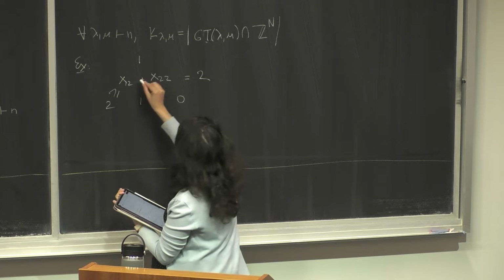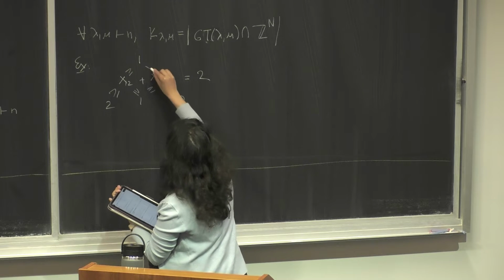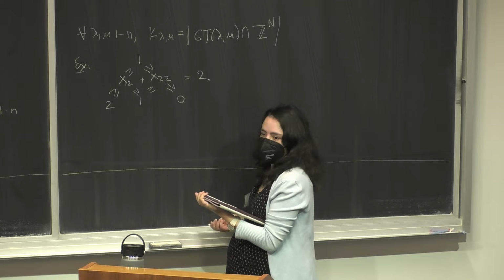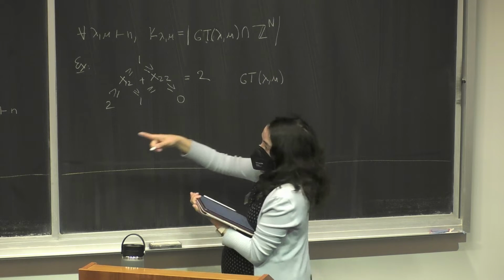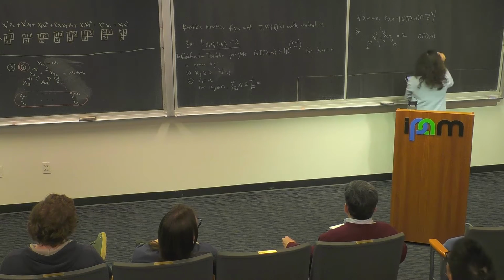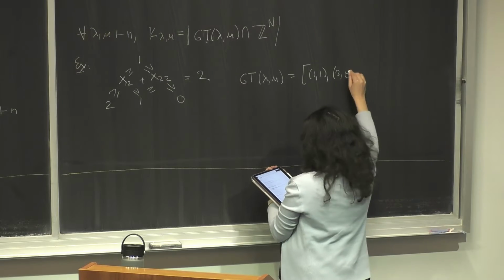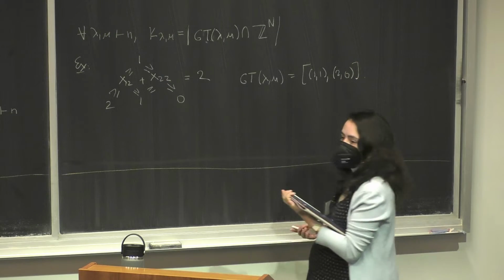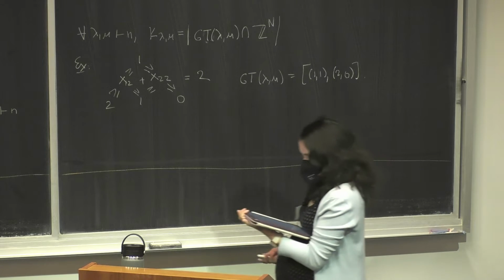The way our inequalities work, you see there's going to be 2 solutions. So the Gelfand-Tsetlin polytope for our running example is going to be this line segment. Okay? And there are 2 lattice points in that line segment.